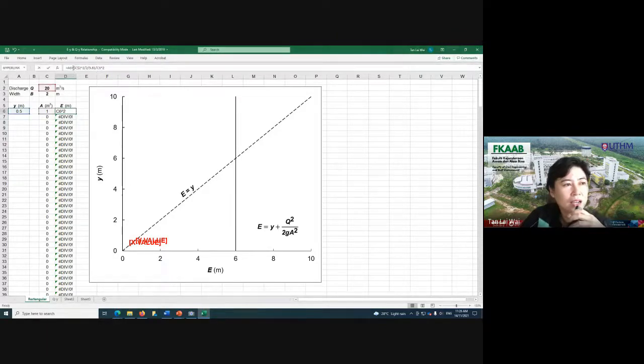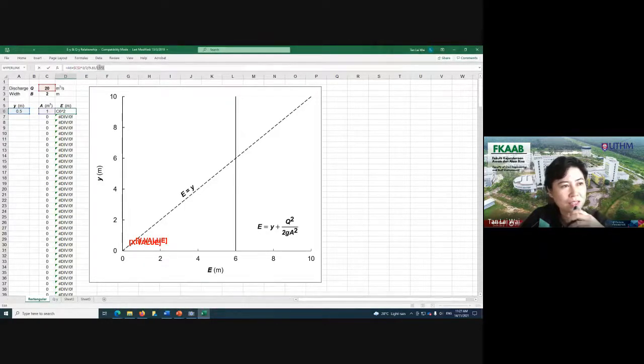Now, my E, which is specific energy, would be Y, which is A6, plus Q squared over 2 over G divided by A squared. This Q is constant. That's why I lock it with the dollar sign. I lock my column, I lock my row. So I have 20 squared over 2 over G divided by A squared.